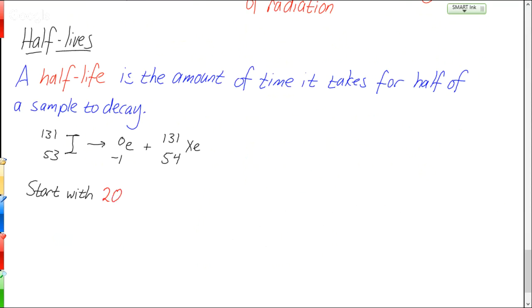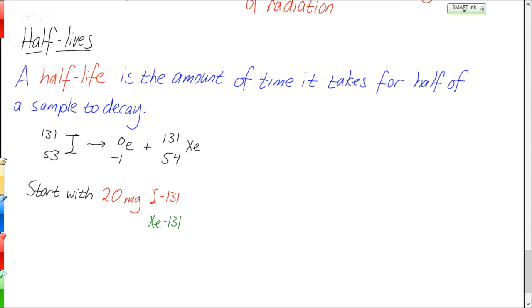So how much xenon 131 do you start with? Look at the reaction.